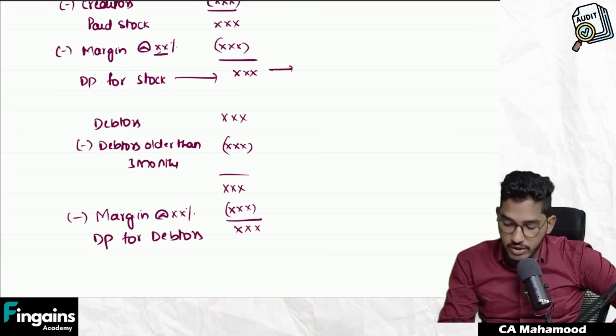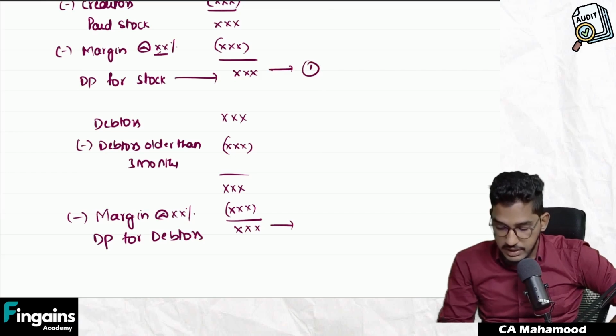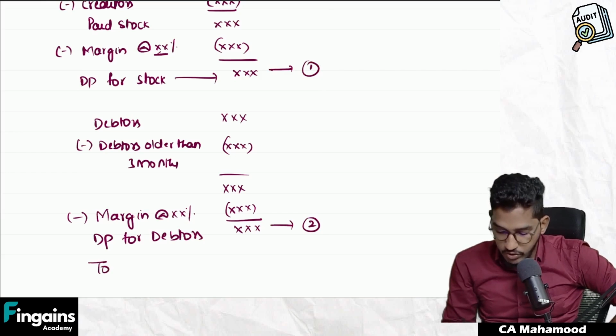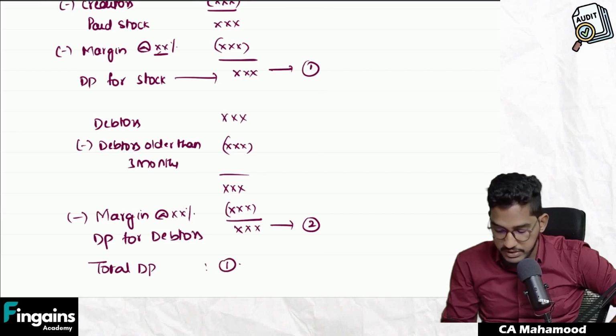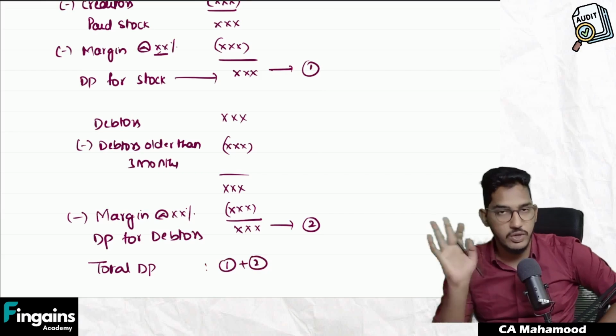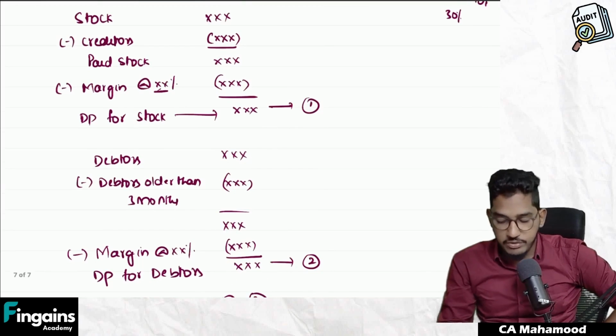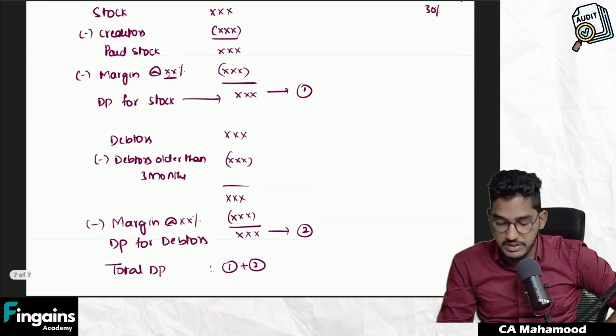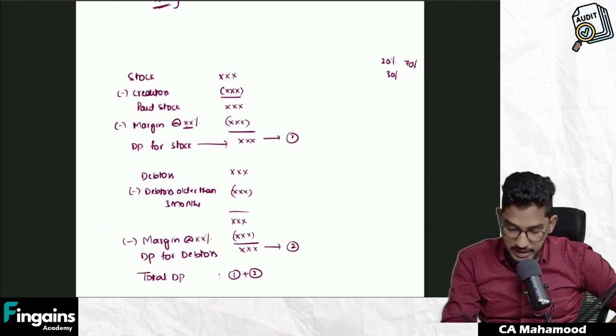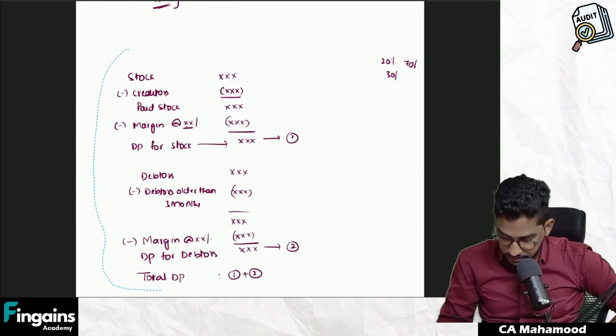Now what is the total drawing power? If you add these two, 1 plus 2, that will be the total drawing power. So this is the format you have to remember, on the basis of which drawing power will be calculated.